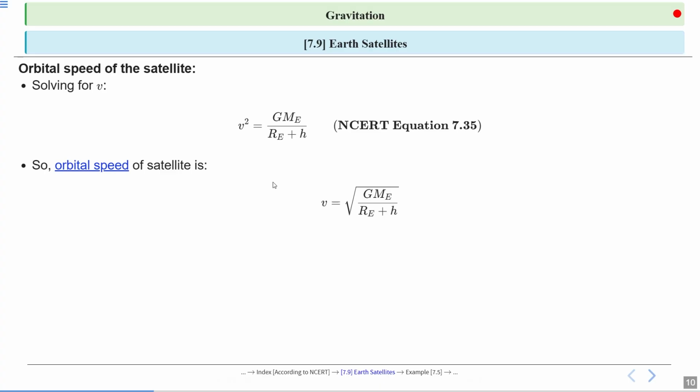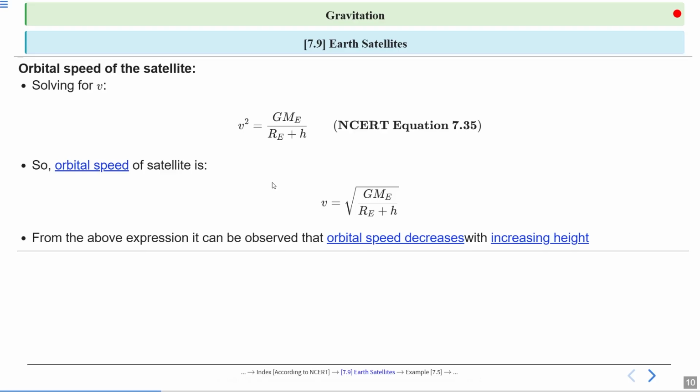This equation shows us that the orbital speed is directly related to the gravitational pull of the Earth and inversely related to the distance from the Earth's center. From this expression, we can observe that speed decreases as the height increases. This means that satellites further from the Earth move more slowly.